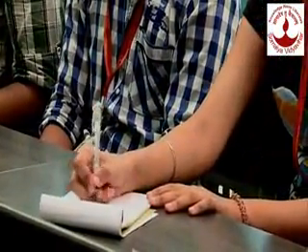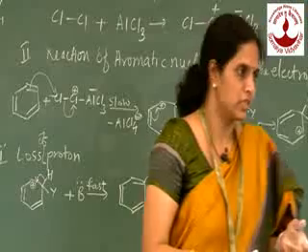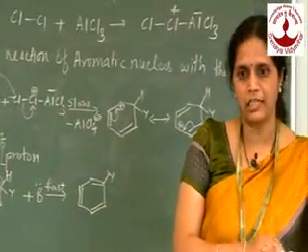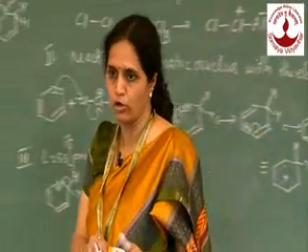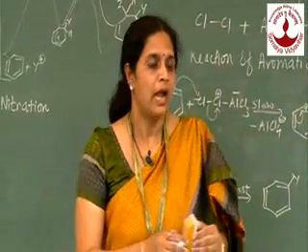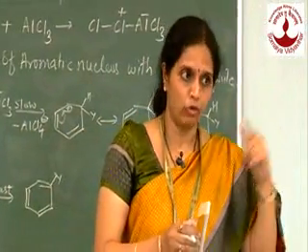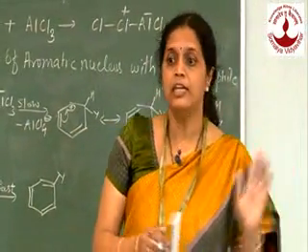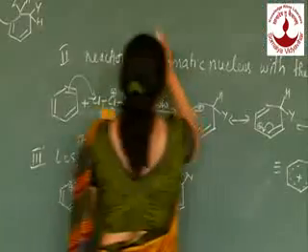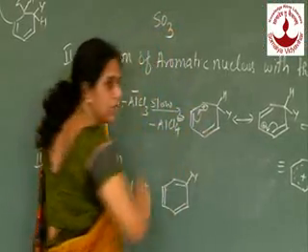Now it is found that the reactive species which takes part in the reaction is the sulfur trioxide itself. And sulfur trioxide, unlike other electrophilic substitution reactions, does not already have a positive charge on it. So your electrophile is SO3.